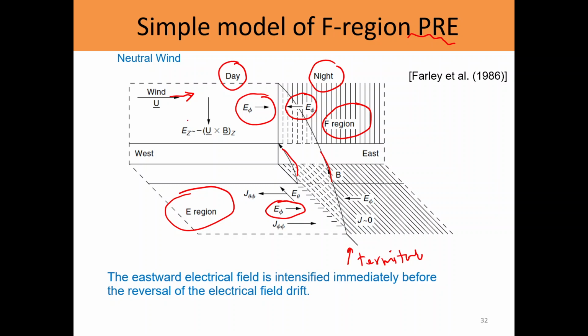So in each region, for each altitude, you have this electric field. They are all in different directions, and this is where they all merge right here. The current density during nighttime tends to be very small, but during daytime, it has increased value.